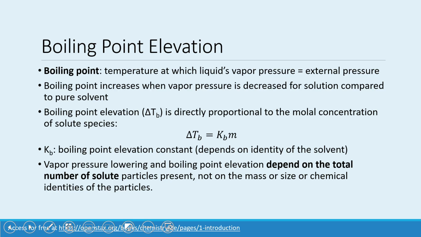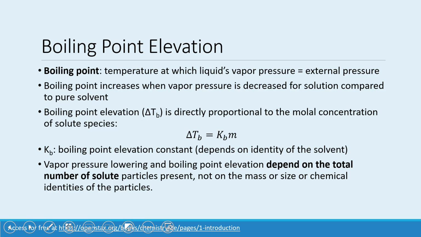The next colligative property that we'll talk about is the boiling point elevation. So remember that boiling point is the temperature at which the liquid's vapor pressure is equal to the external pressure. And if we're talking about atmospheric pressure, that's typically a value of 1 atm, right? So if we are lowering the vapor pressure of a solution compared to the pure solvent, right?